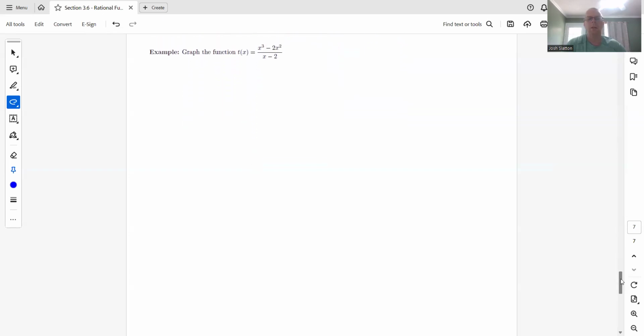Let's look at this one. So this one, factor x squared out of the numerator. And we're left with x squared times x minus 2. The x minus 2's cancel. And so this one actually equals x squared.